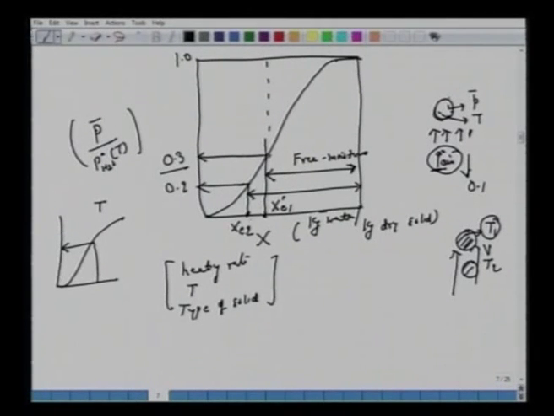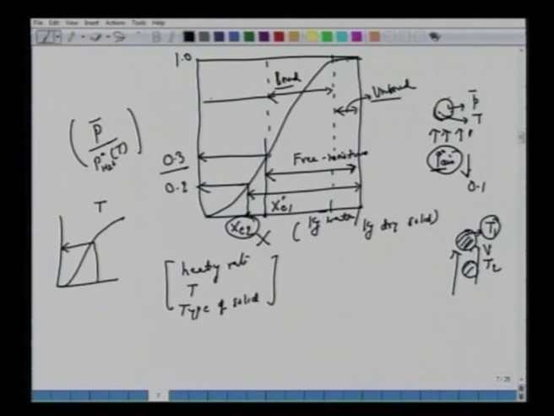Right now, we have defined equilibrium moisture content. We have defined free moisture, and here we can define one more, which we will call unbound moisture. And then the remaining, right from here to here, we can call bound moisture.